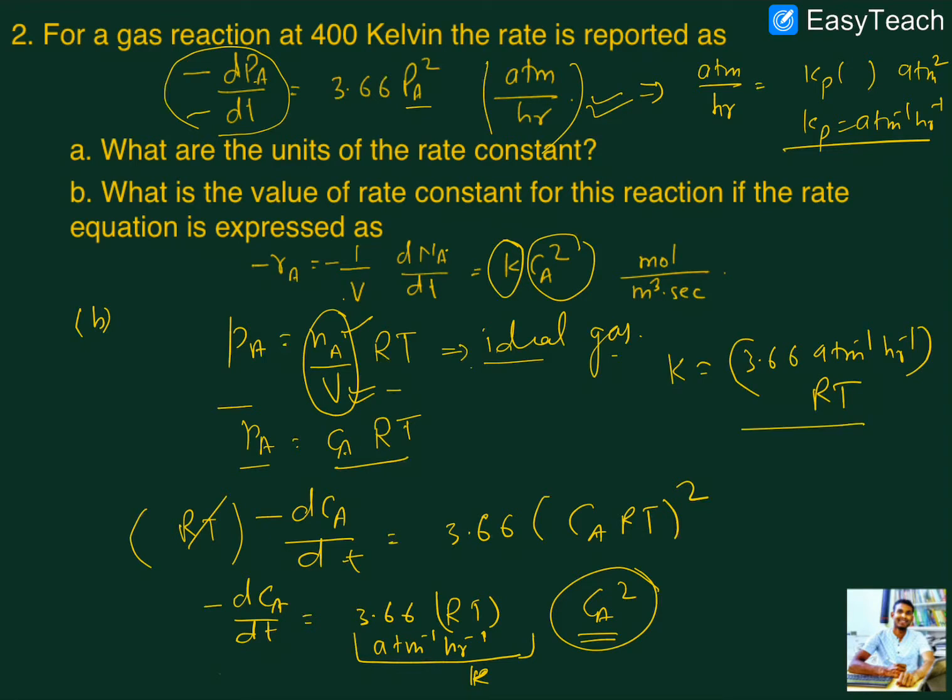You have to convert this into this form. Now we will replace the values of R and T. The temperature is given as 400 Kelvin, so let us see what we get. As we replace the value of R in this equation, I will just take some space here.